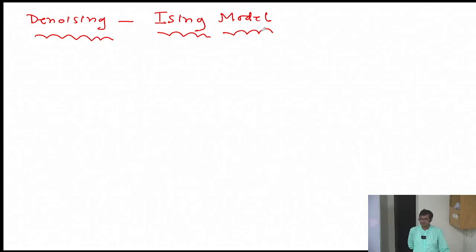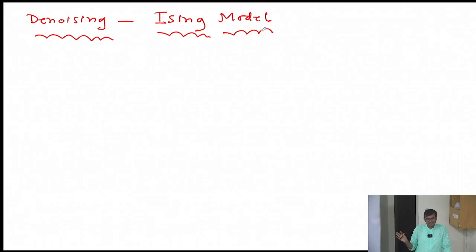Does anyone know what the Ising model is? What is it? Close. Anyone else know the Ising model? APL 405 did not cover it? It generally does not cover it actually.